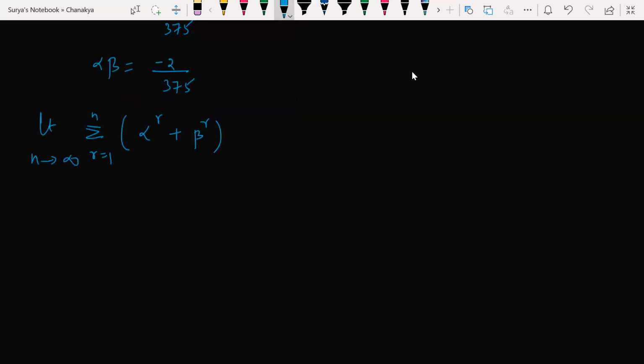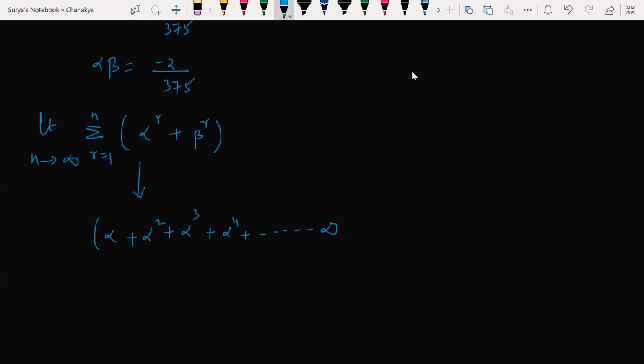Now here r goes from 1 to n, n tending towards infinity. If I substitute r value 1 by 1, what am I going to get? For alpha, r value 1 is nothing but alpha. Clear? Okay. R value 2 is nothing but alpha square. R value 3 is nothing but alpha cube, 4, and so on till infinite.